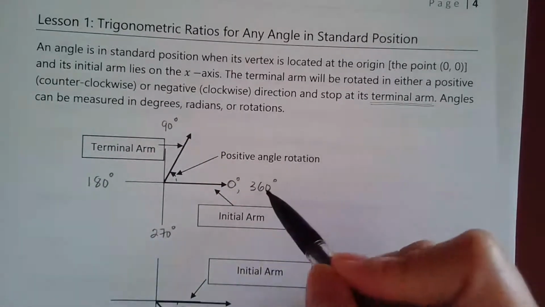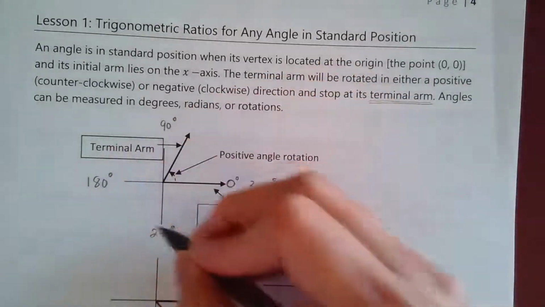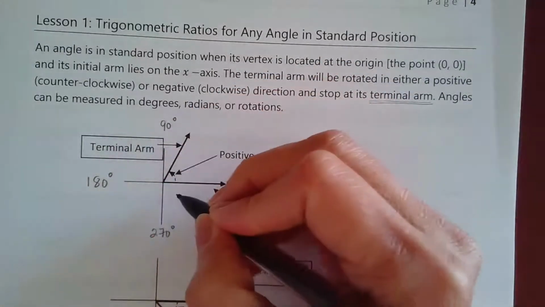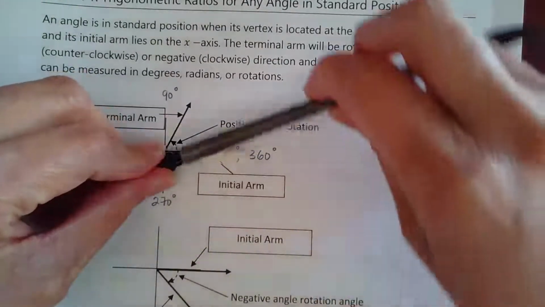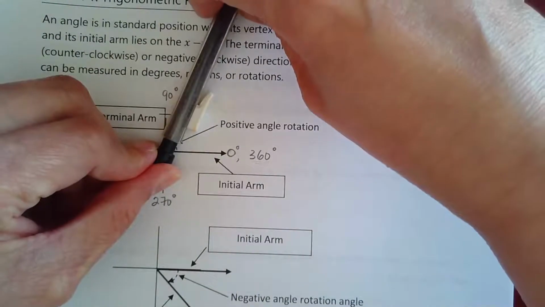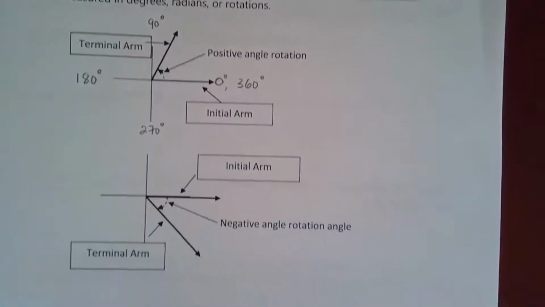So a little bit of history there. So going this way is a positive rotation, so it's going to be a positive angle. So this is the initial arm, and then rotating this way, that's your terminal arm. That's where it stops.